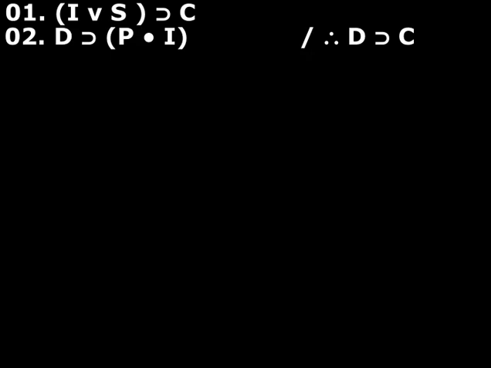It's valid basically because of hypothetical syllogism. Okay? The conclusion is if D, then C. Now, this consequent isn't the same as that antecedent, so we can't just use hypothetical syllogism to go if D, then C by HS here.